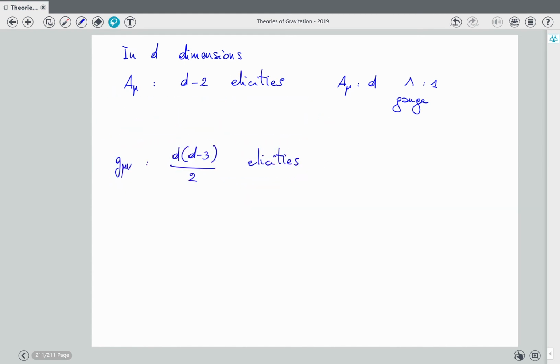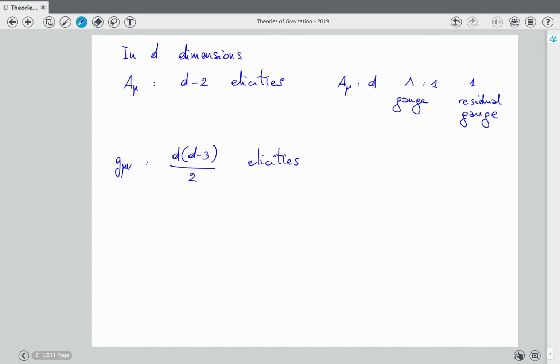But remember that every time you have a gauge freedom, you have the same number of residual gauge that allows you to impose the same number of conditions. So basically you double the number of gauge conditions, d minus 2.